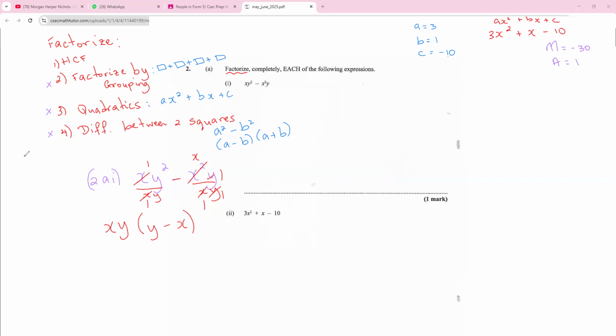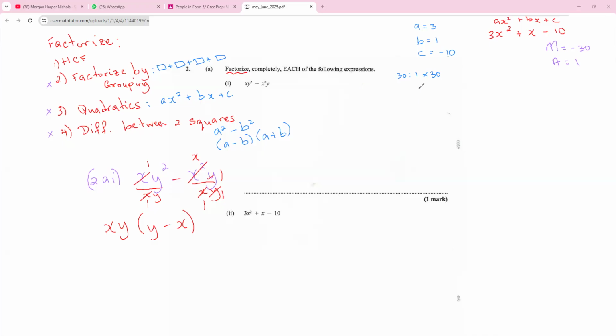So what you do is you look at all the ways you can multiply to get 30. In order to get 30, I could multiply 1 times 30, in ascending order, and it will help you to get that.